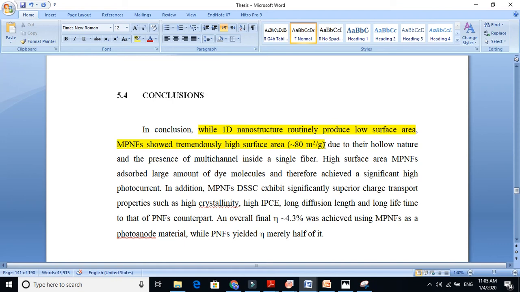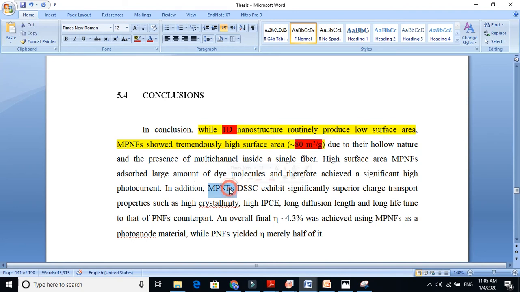So in this material, we maintain the one-dimensional nature of the material and also high surface area. So two advantages in our material, due to their hollow nature and the presence of multi-channels inside a single fiber. High surface area multiporous absorbs a large amount of dye molecules and thereby achieves a significantly high photocurrent.